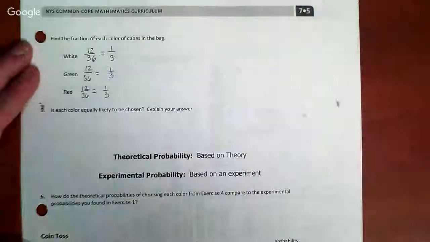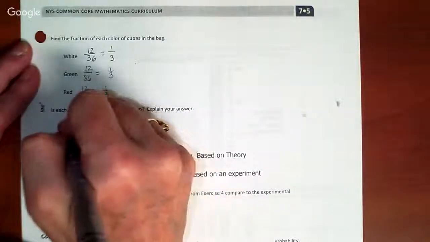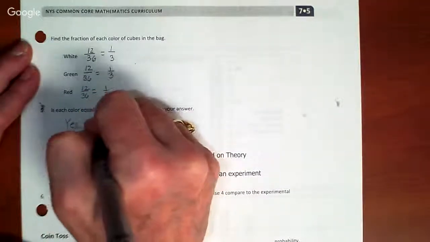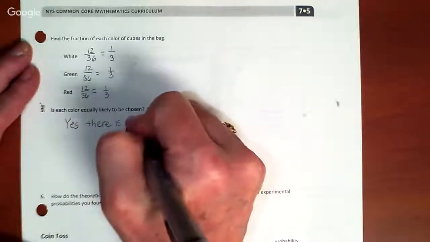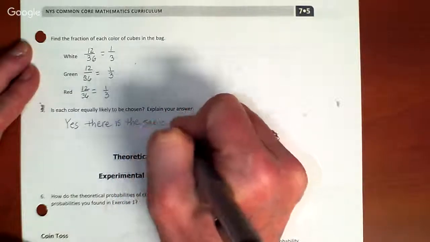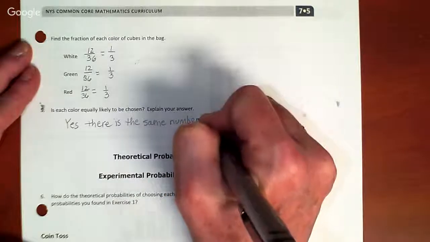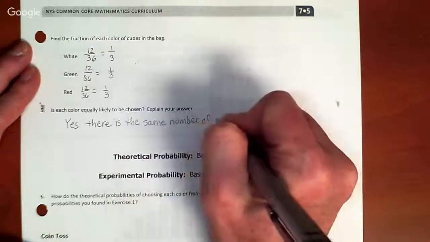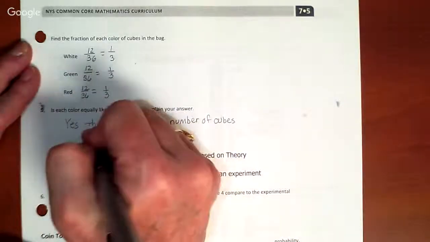It says, is each color equally likely to be chosen? The answer is yes. There is the same number of cubes for each color.